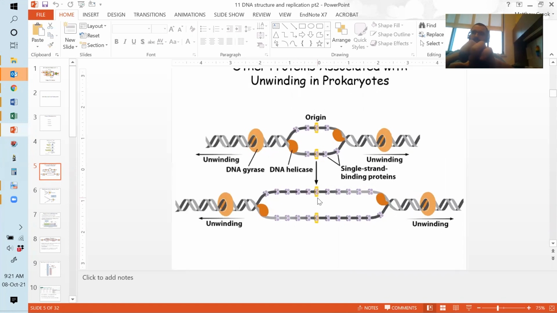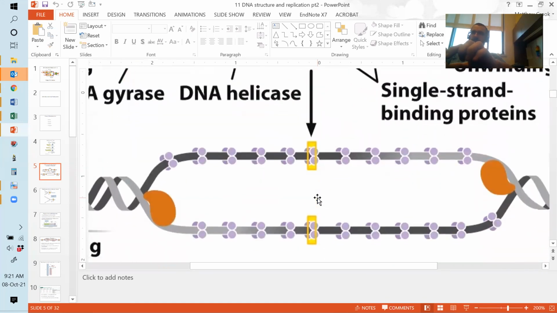So where's our 3' carbon? Or 3' OH, either one. Actually, 3' OH is probably better. Where's our free hydroxyl group in that image?